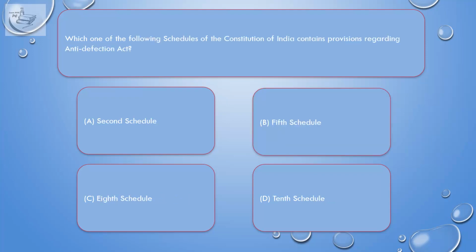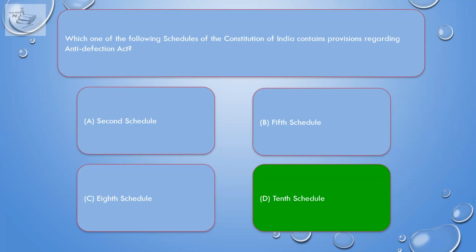Question: which one of the following schedules of the Constitution of India contains provisions regarding Anti-Defection Act? A. 2nd Schedule. B. 5th Schedule. C. 8th Schedule. D. 10th Schedule. Correct answer is D. 10th Schedule.